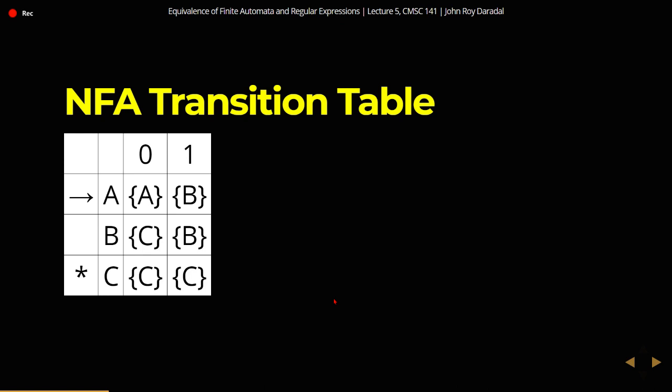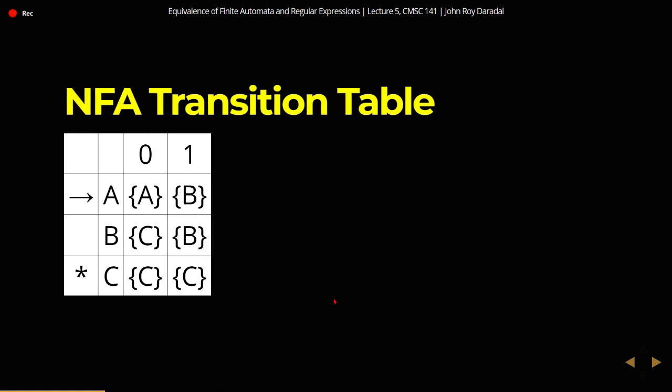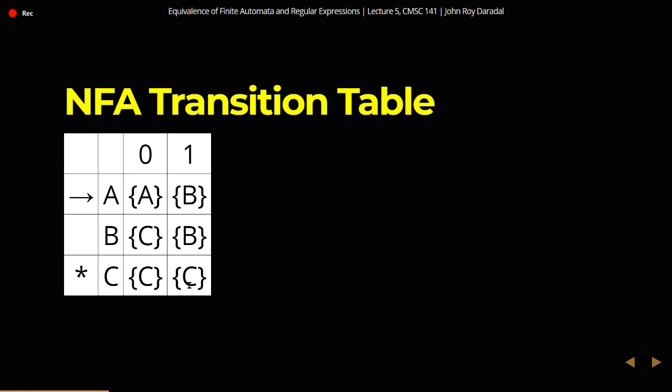So what did you notice was the change? From one state, it became a set of states with only one state. So we only wrapped it in curly braces to denote a set. But everything else remains the same, right? So that's how simple it is to convert DFA to NFA.